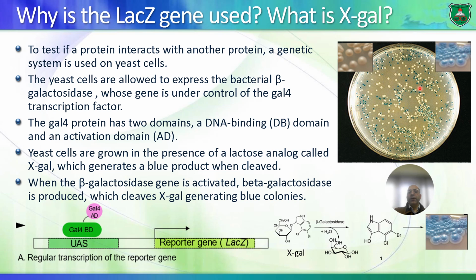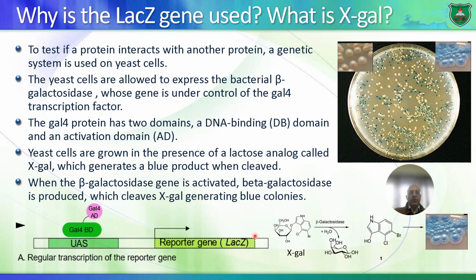Some of them are white and others are blue. The bluish colonies are the yeast cells that express the reporter gene. And the white yeast colonies originate from a yeast cell that does not express the beta-galactosidase. Got it so far?